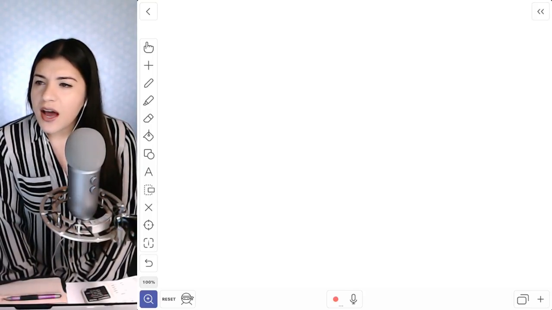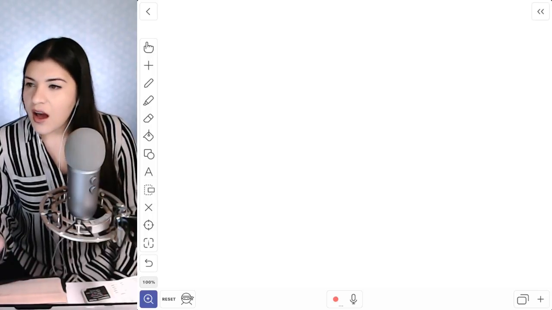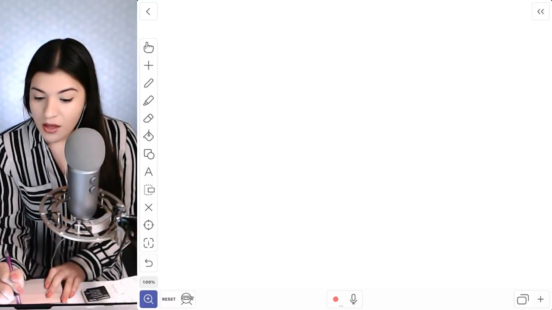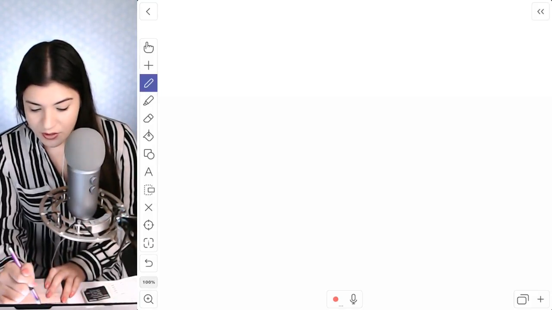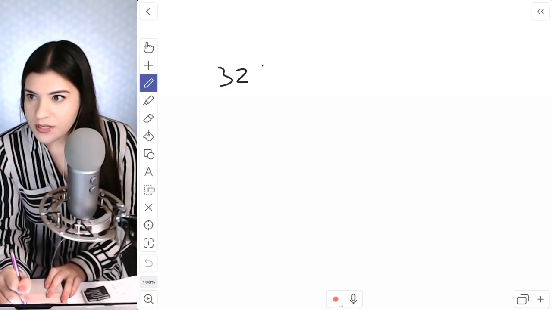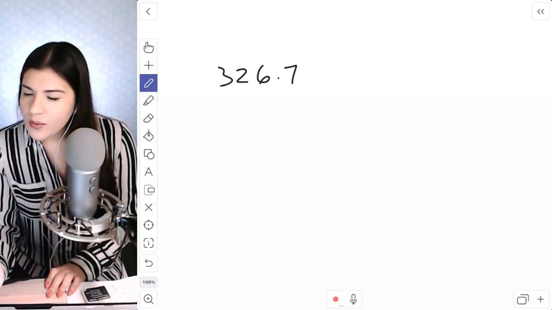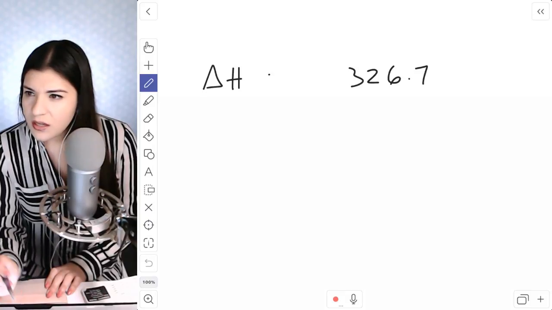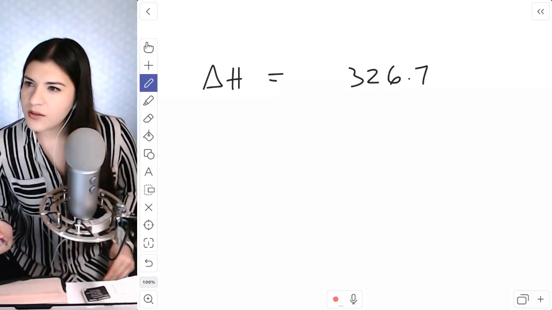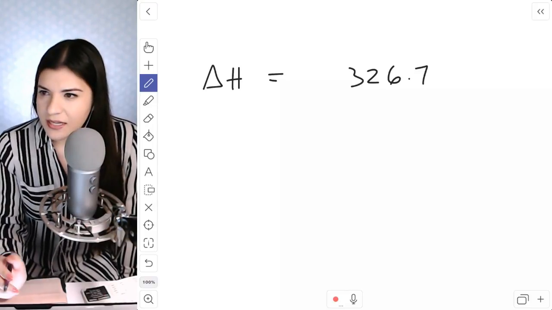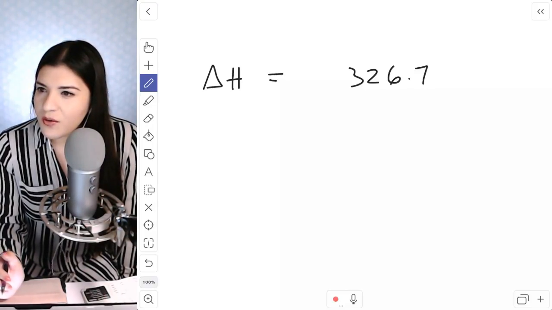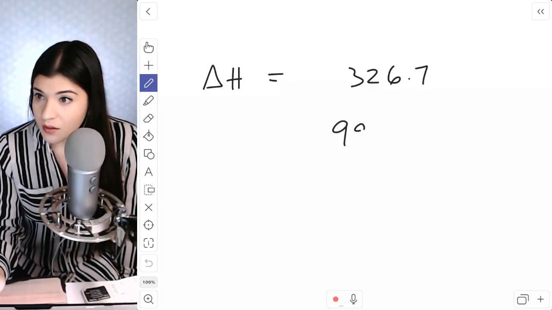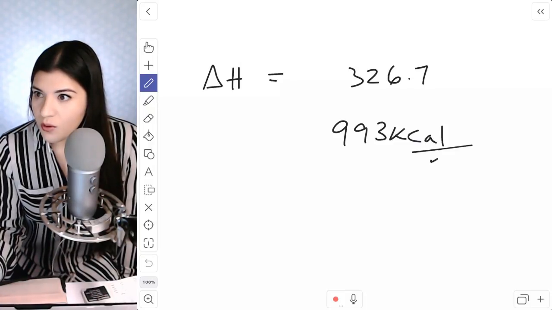Okay, so Donna asks, the heat of combustion of ethanol is 326.7. Let me go ahead and start writing all the stuff that they give us down. And this is our heat of combustion. And then next, we're also given 2-methylpentane is this amount per mole.